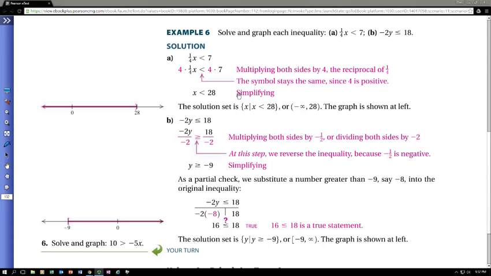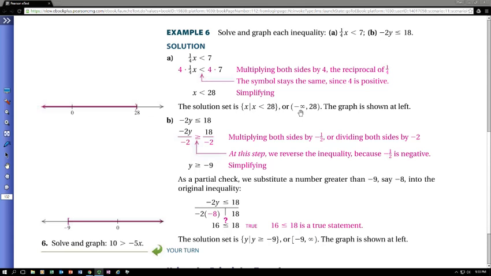So we get x is less than 28. Here are the three ways to represent that solution set. Here's the graph of it. We have the rounded parenthesis at 28, and it's everything left of that. Set-builder notation is the set of x such that x is less than 28.